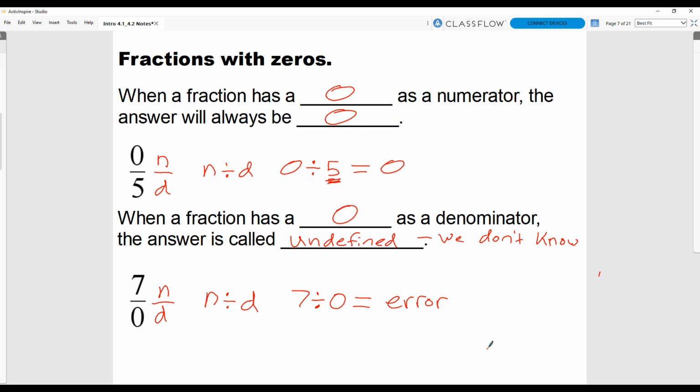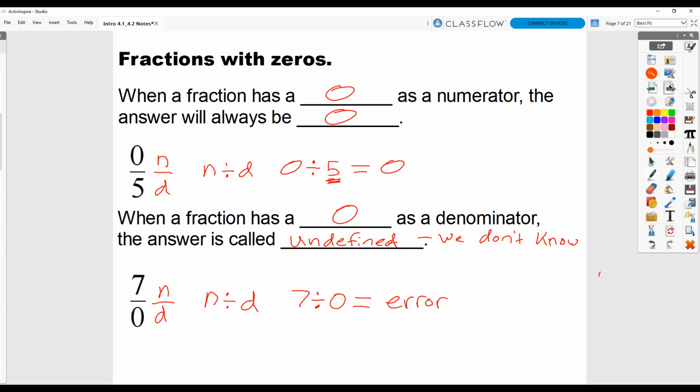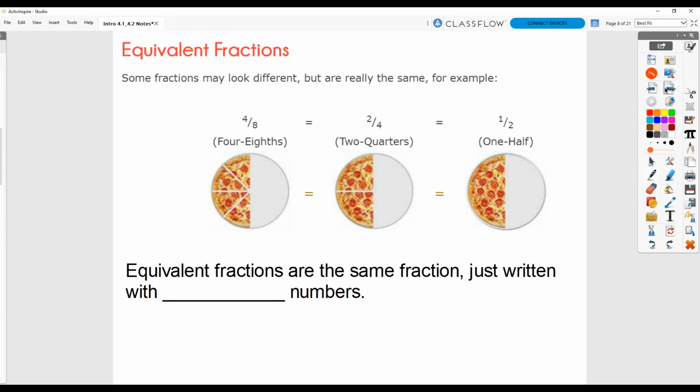All right, meaning that the calculator can't figure out what number it's supposed to be because we don't know what number it's supposed to be. We don't know what this answer would come out to. All right, so it's undefined. Okay, so kind of interesting. All right, so that's fractions with zeros. What would happen if you had a 0 as a numerator or a denominator?